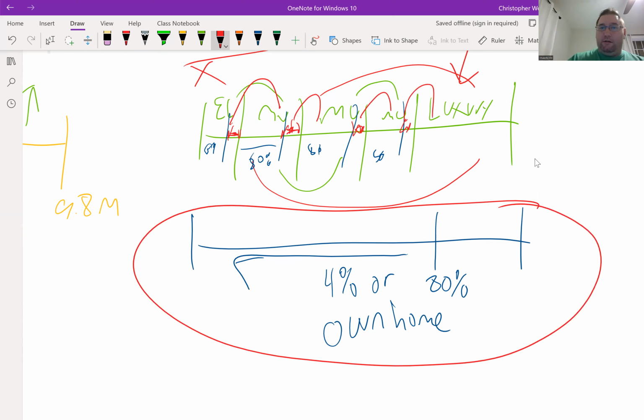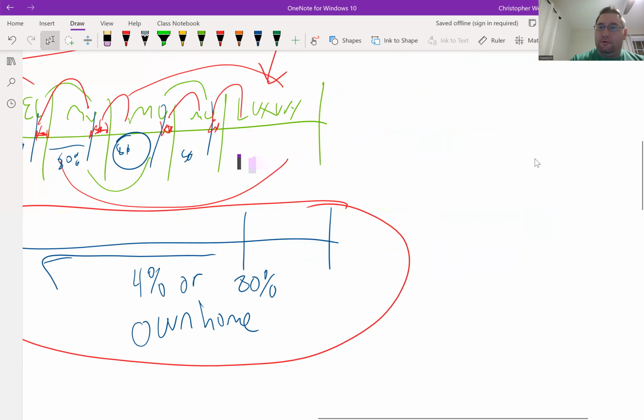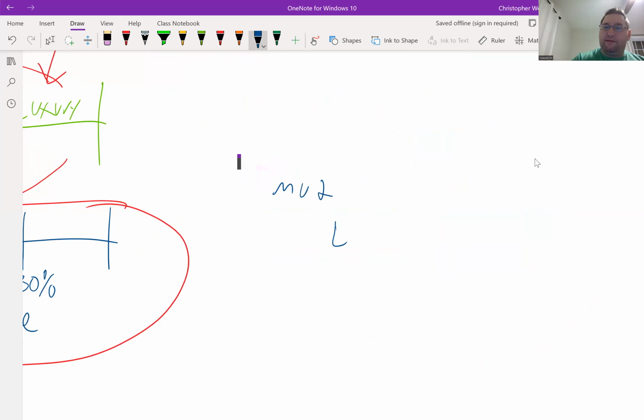Well, if you are here, right? Let's say you're in the move up 2. You bought your home for, let's say, $400,000 in 2018, and you have a 4% rate.